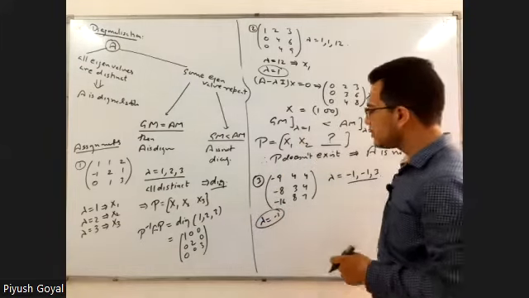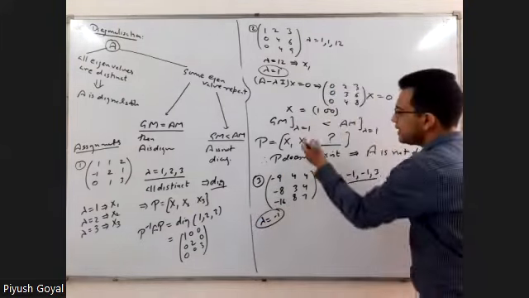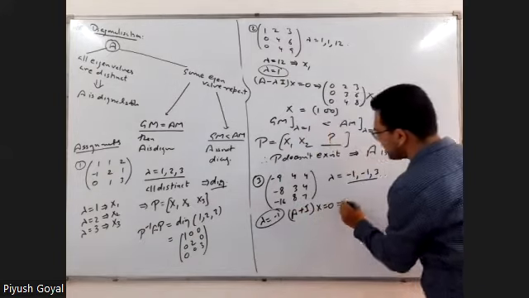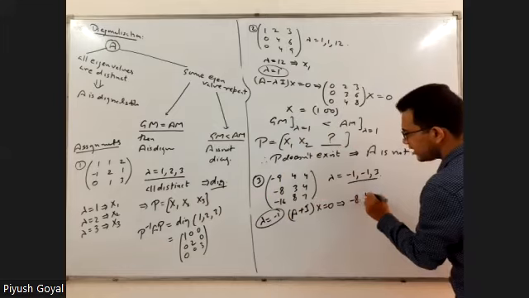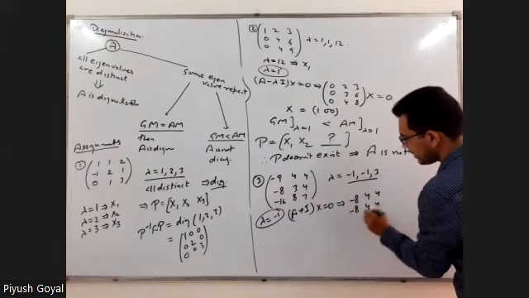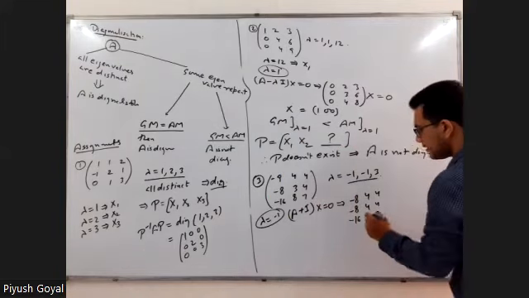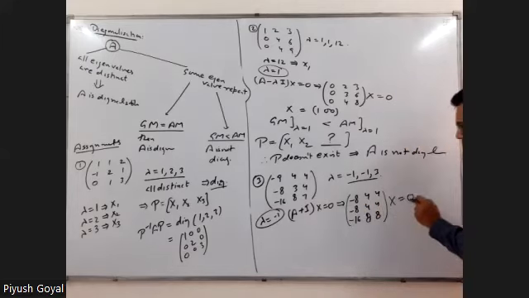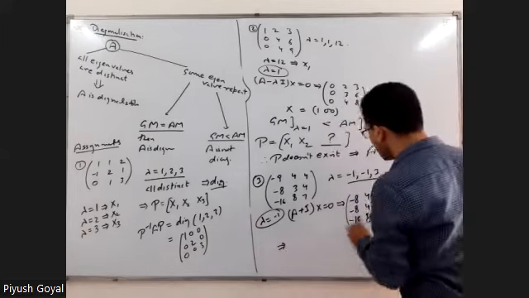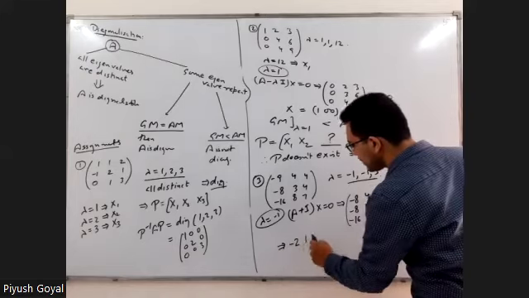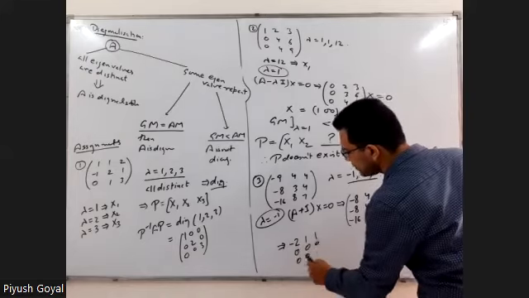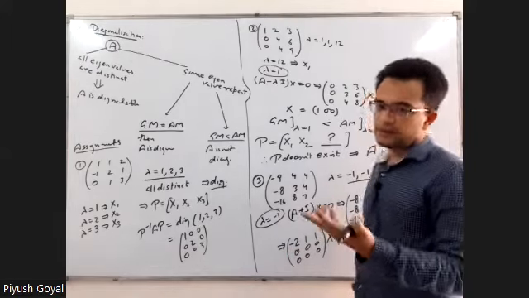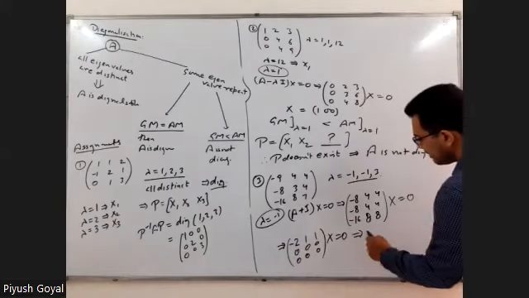When you take lambda equal to minus 1, it becomes (A plus I) x equal to 0, so that it becomes the matrix minus 8, 4, 4, minus 16, 4, 8, 8, into capital X equal to 0. You see that it reduces to minus 2, 1, 1, 0, 0, 0, 0, 0, so it is clear that the rank is 1, and therefore it will give two solutions.